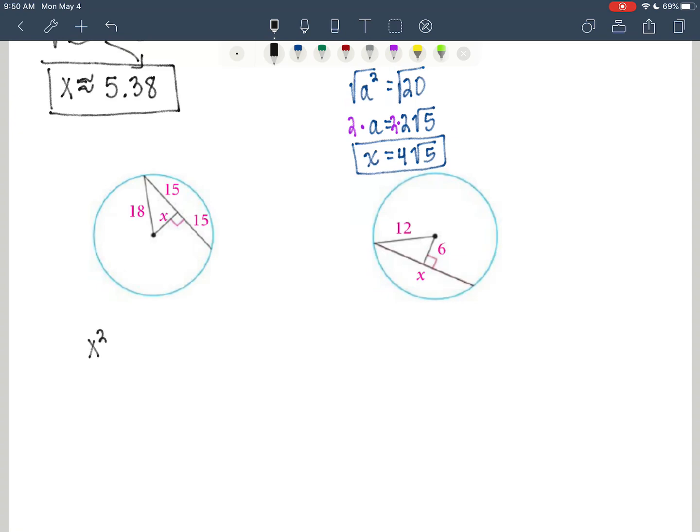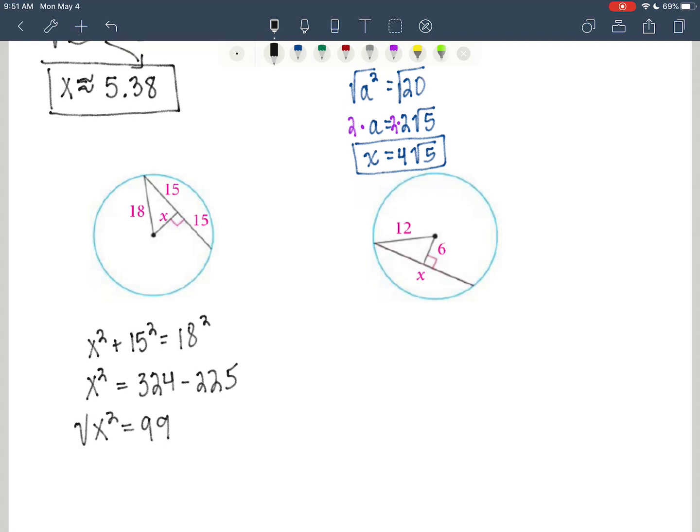Okay, so I've got x squared plus 15 squared equals 18 squared. 18 squared is 324. 15 squared is 225. So I'm going to have x squared equals 99.